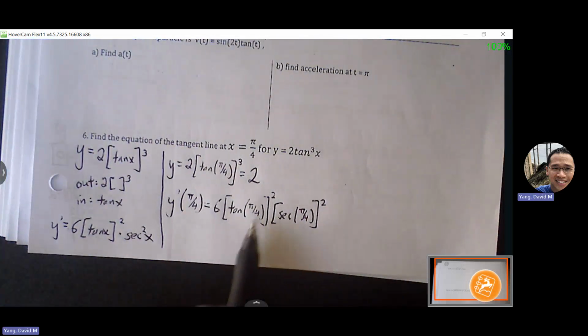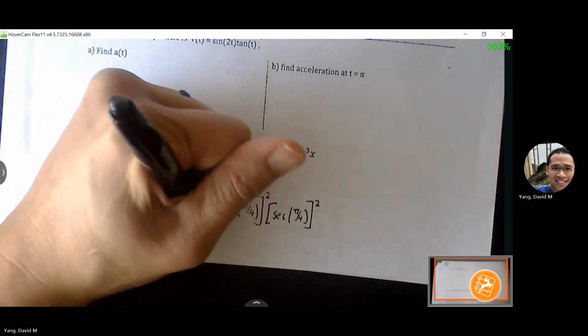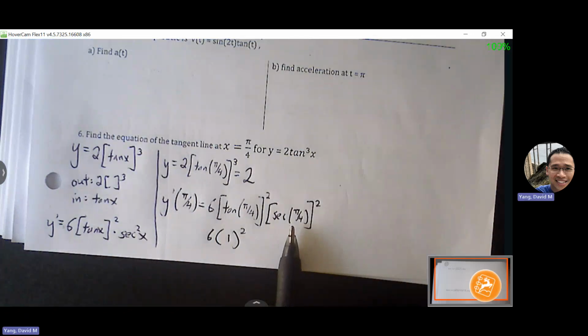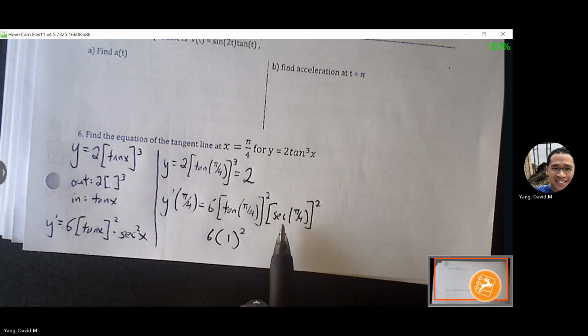Okay, so tangent of pi over 4, that's nice. That's just going to be equal to 1. 6 times 1 squared. Now, secant of pi over 4. I like to think in terms of cosine first, and I can just flip it. What's cosine of pi over 4? And I could just flip that, right, to get my secant. I think it's easier to think in terms of sine, cosine, tangent than it is to think in terms of cosecant, secant, and cotangent.